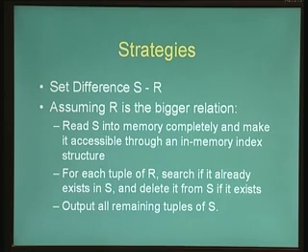Once R is exhausted, that is, once we have finished reading through the relation R and we have deleted all common tuples, whatever is left in the S data structure that we have read into memory is the output, that we can push onto the output buffer.